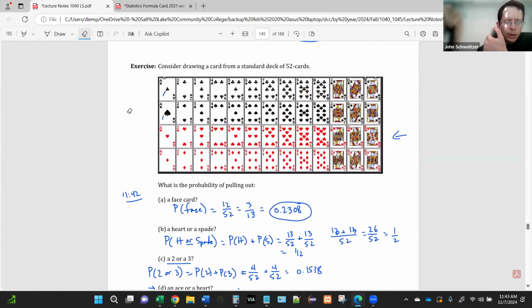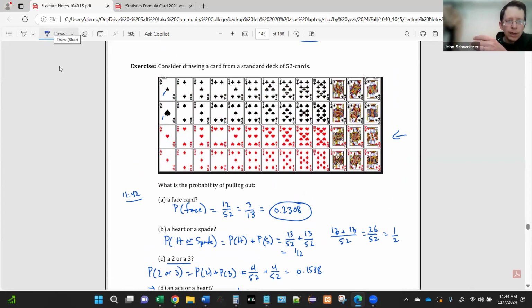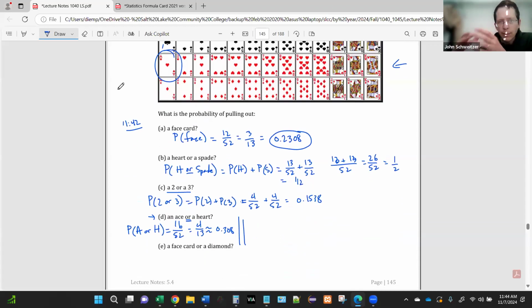So this card here is overlapping. So they're not disjoint. Imagine your Venn diagram and those two sets would be overlapping. So if we went probability of ace plus probability of heart, we would overcount, right? So there are 4 aces out of 52, and there are 13 hearts out of 52.